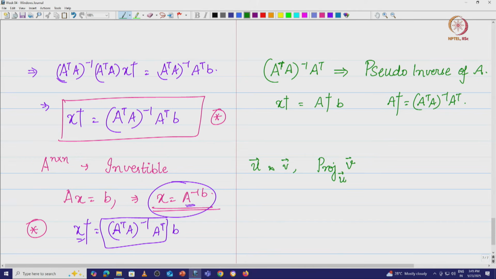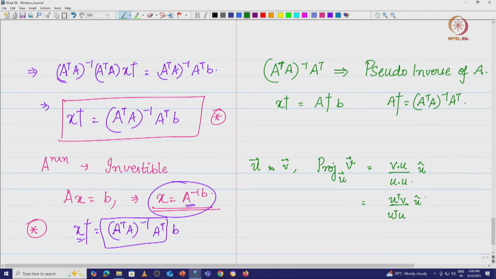The projection of v onto u is given by v dot u divided by u dot u, the scalar, times the unit vector u cap. Which is nothing but u transpose v divided by u transpose u in the direction of u.